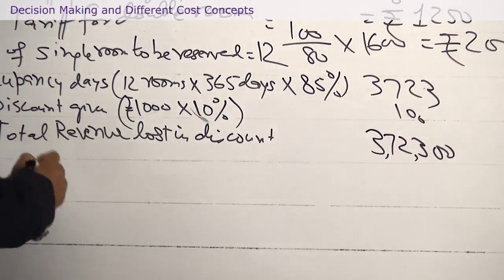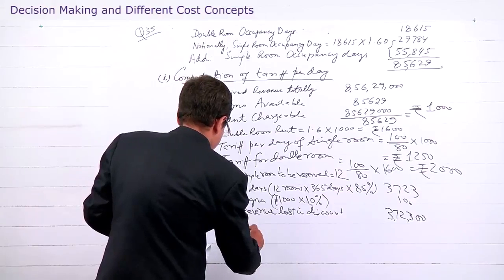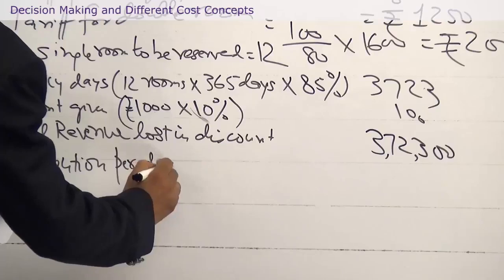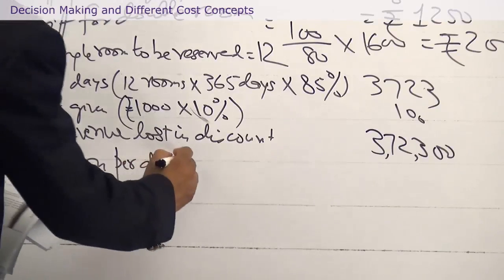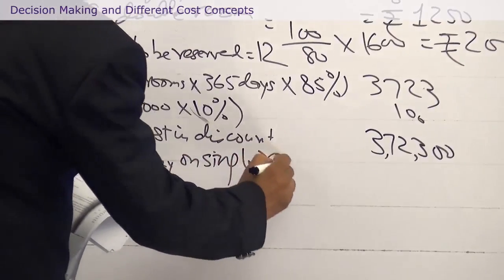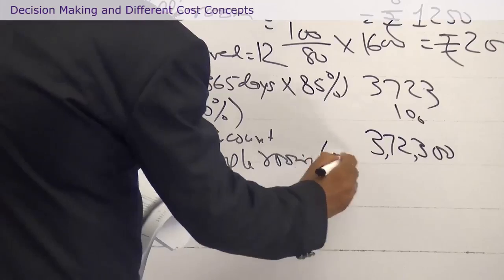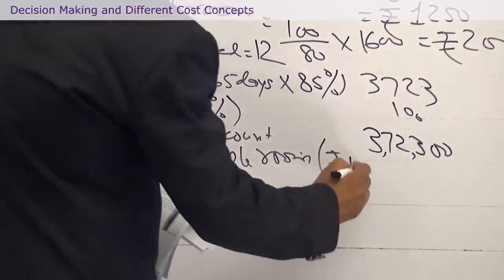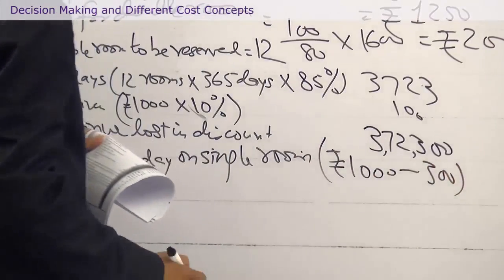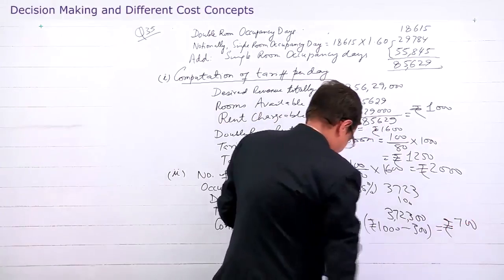So contribution per day on single room is rupees 1000 minus 300, which is rupees 700.